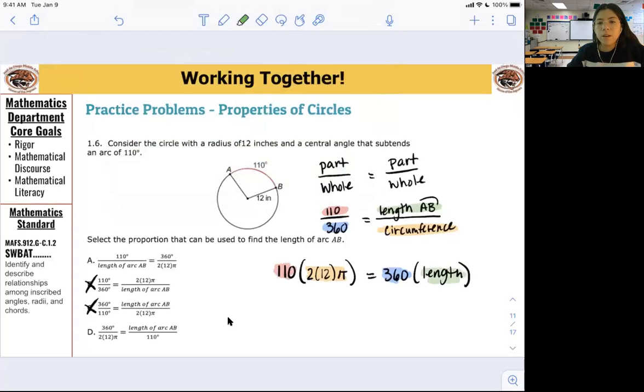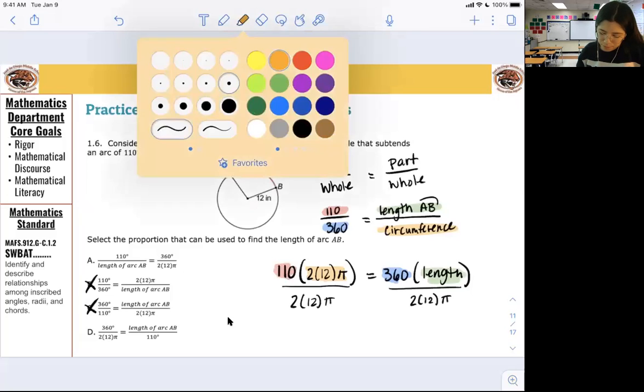Okay. I cross multiplied, but now I can divide. I'm going to divide on both sides by 2 times 12 pi, and you'll see why in just a moment.